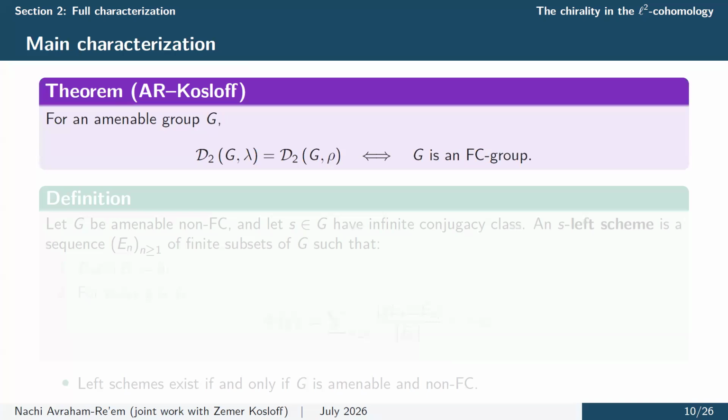If G is an FC group, then of course, as I just told you, every cocycle for one is also a cocycle for the others, but in fact, the opposite is also true. If G is not an FC group, if it admits one element which has an infinite conjugacy class, then we can guarantee you can find an asymmetric cocycle. You can find a function with this funny summability property, one-sided summability property.